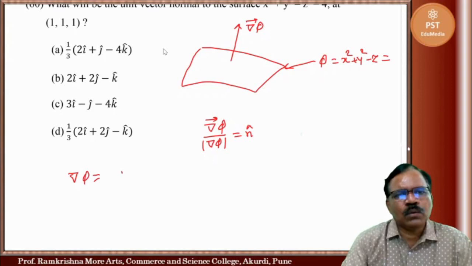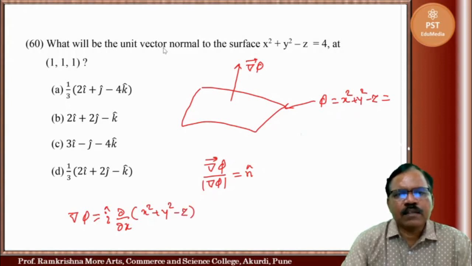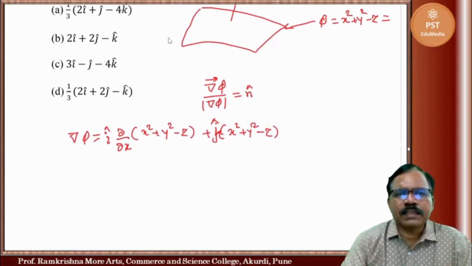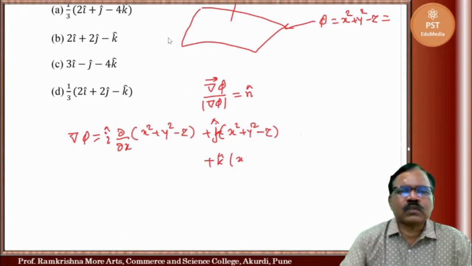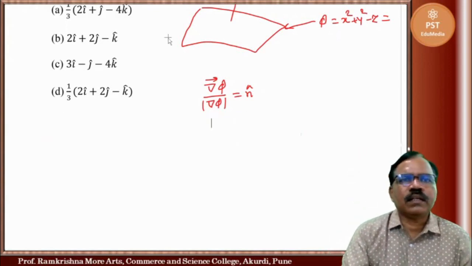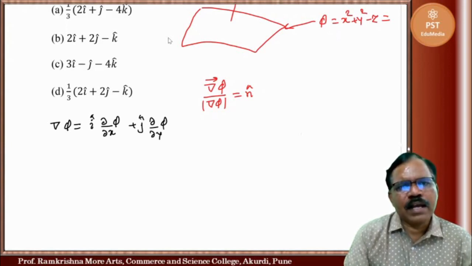Del phi is equal to i times del by del x of phi plus j times del by del y of phi plus k times del by del z of phi.